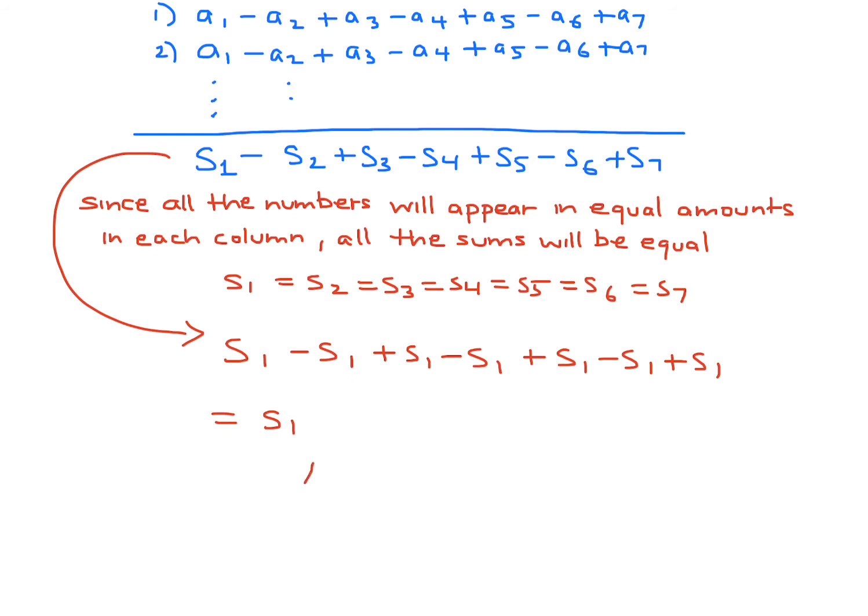So that means the average, since the entire sum is just S1, the average is the sum divided by the total number of permutations, which we had previously calculated as 5040. But obviously, I have to figure out what is S1, the numerical value for S1.